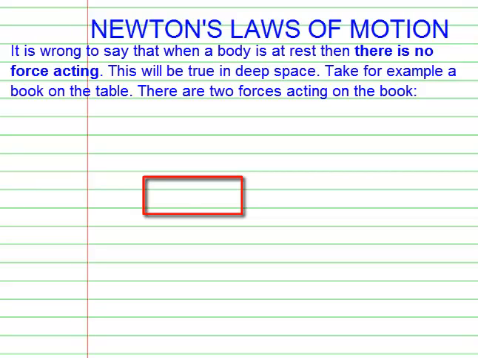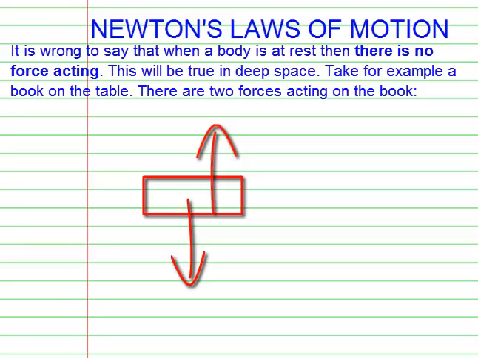Its weight, which acts vertically downwards, and the normal component of the contact force on the book, that is, the normal reaction. This force is exerted on the book by the table. These two forces are equal and opposite. This makes the resultant force on the book to be zero. So it continues to remain at rest because the forces acting on it balance out.